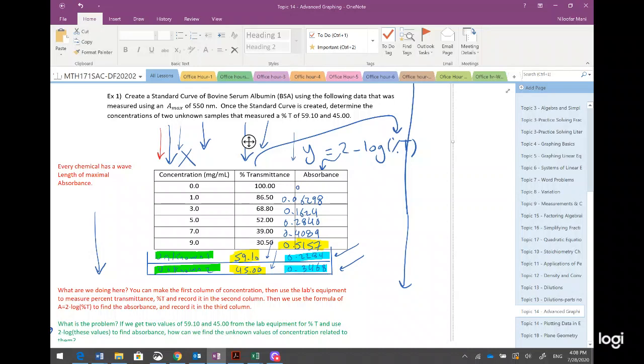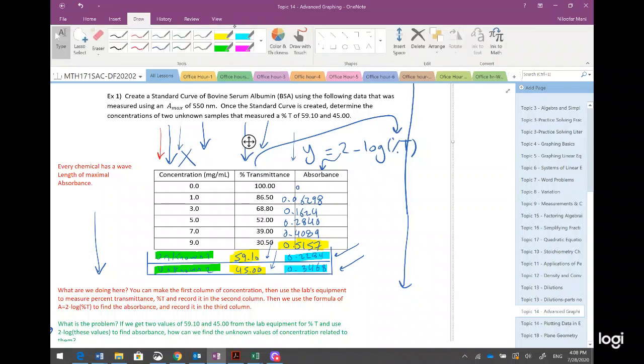The third column, which is absorbance, is calculated by this formula: 2 minus log percent transmittance. So I use the second column in order to make the third column.